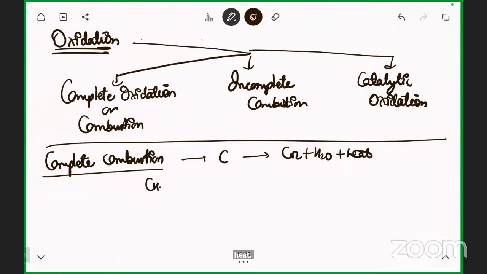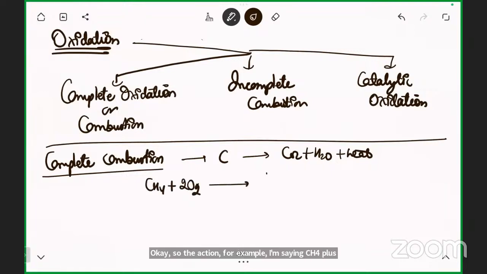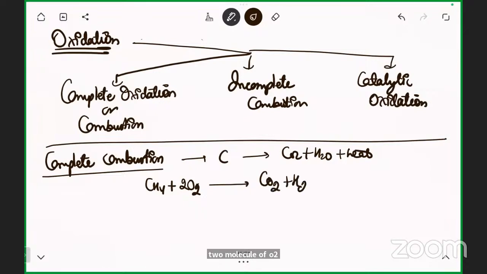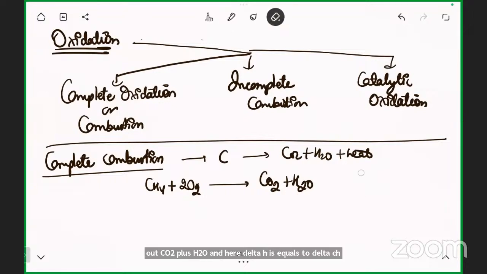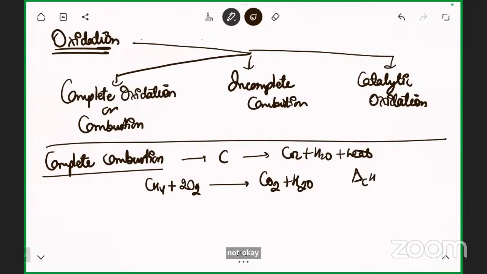For example, CH4 plus 2 molecules of O2 gives CO2 plus 2H2O, and here delta H equals delta cH naught, which is minus 890 kilojoule per mole.